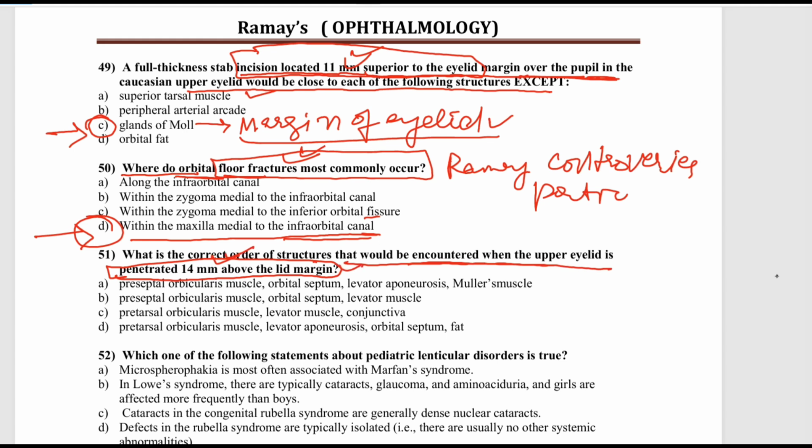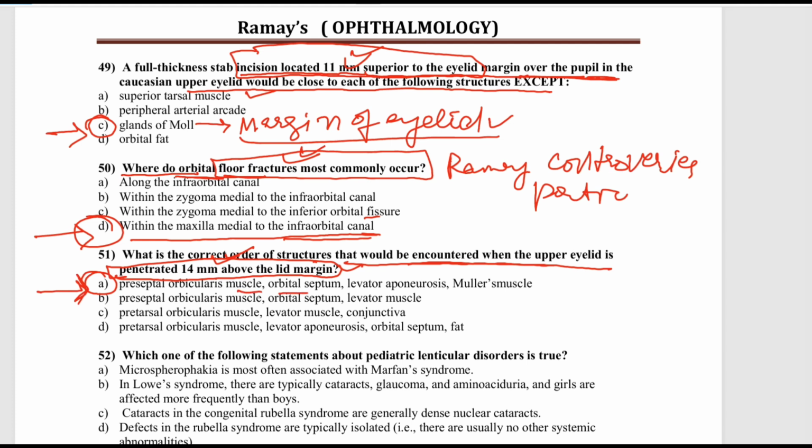This is simply the layers of the eyelid. You have to remember from Ramesh. The options are preseptal, orbicularis muscle, orbital septum, levator aponeurosis, and Muller muscle. So option A is correct here.